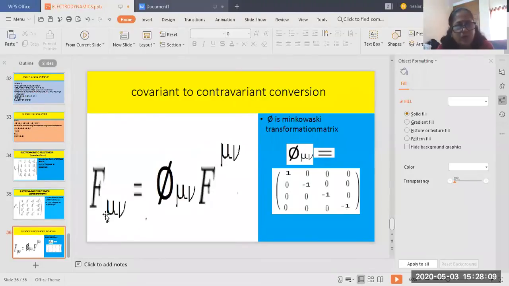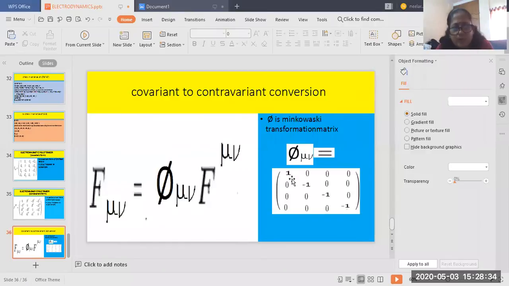So if you want to convert one form to another form, there is a conversion matrix. This is all in matrix format. Okay. So there is a conversion matrix. This is called the Minkowski transformation matrix. If it is an electromagnetic field, then the Minkowski transformation matrix will have this form.